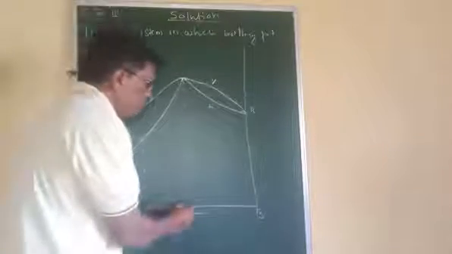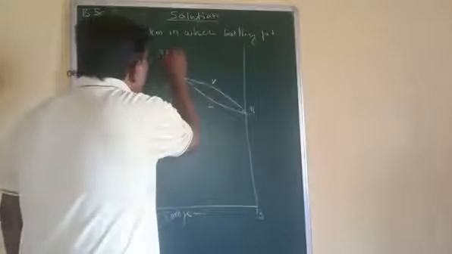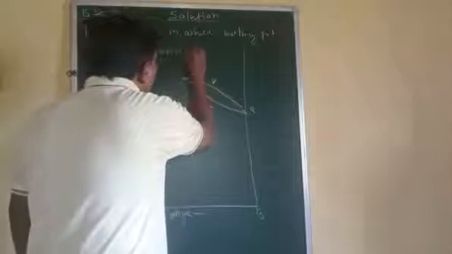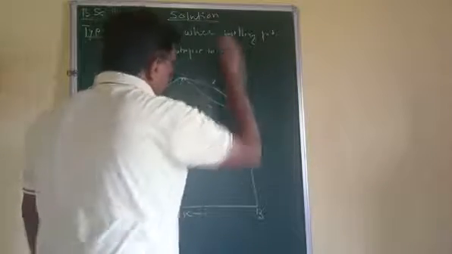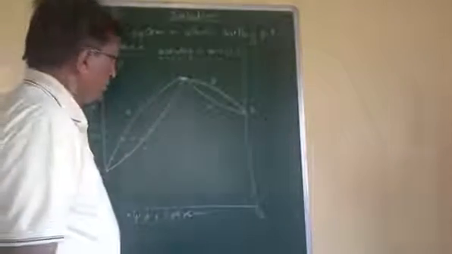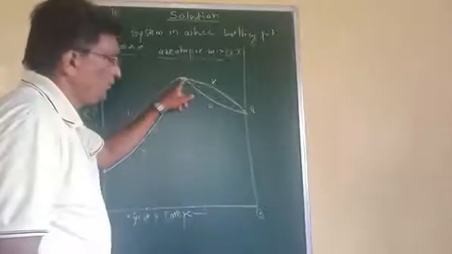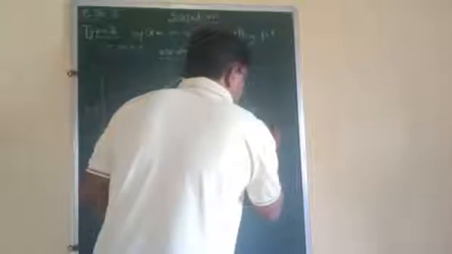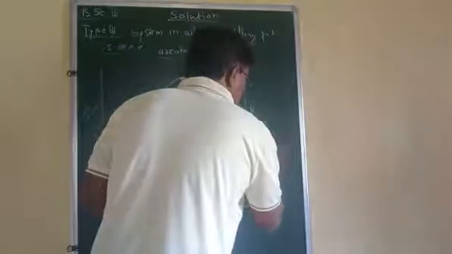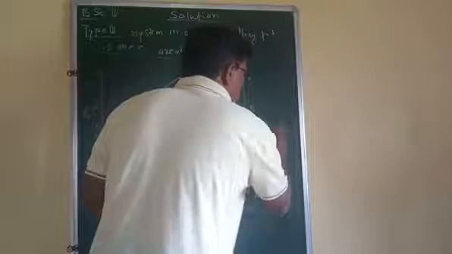That means composition C is the azeotropic mixture. Now, if we consider this particular composition C in a distillation flask and heat it, what will happen?